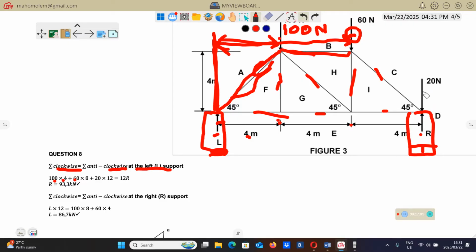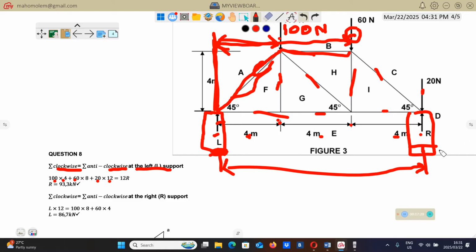Another clockwise force will be this 20 here, which is multiplied by the distance from here to there. This distance is going to be 4 plus 4 plus 4, which is 12. So that's all for the clockwise moments.